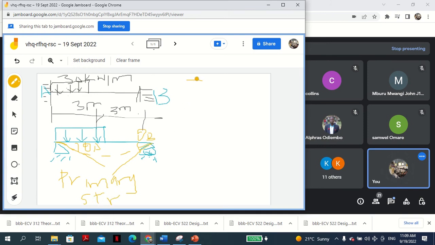plus, this is now the principle of superposition. We have made the structure statically determinate by doing what? By removing, for example, MA. So still you have to add, plus, you removed MA.